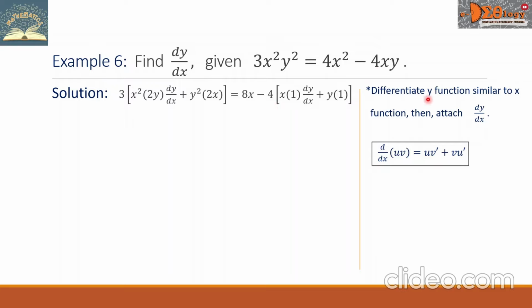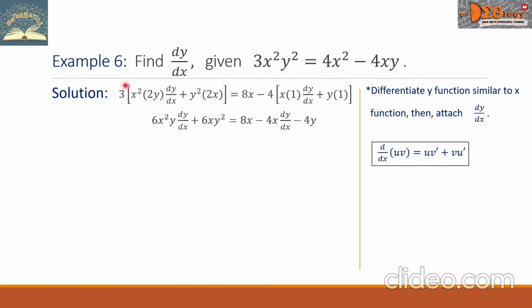We apply now the product rule to xy. First, we copy the x times derivative of y, which is 1. Then we attach the dy over dx. Plus, we copy the y times derivative of x, which is 1. Let us simplify further. On the left side, it is now simplified into 6x squared y dy over dx plus 6xy squared.